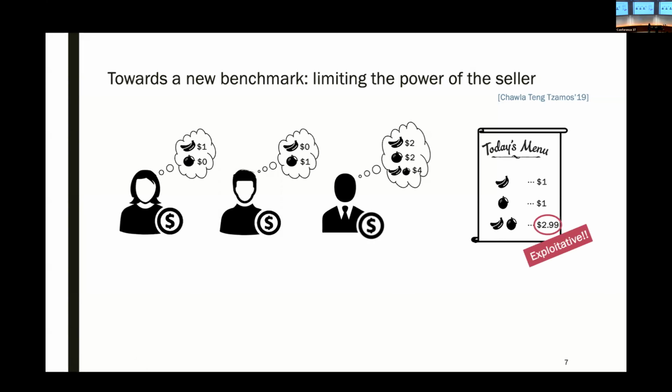And you might think of this as an exploitative mechanism. It's not the kind of thing we tend to see in practice, where, if you go on Amazon and you want to buy two different things, you're not going to have to pay more than what you could pay for each of the items separately. Okay, and it turns out that if you see the worst case examples for optimal mechanisms, they all kind of look like this.